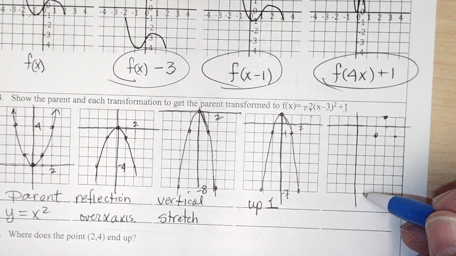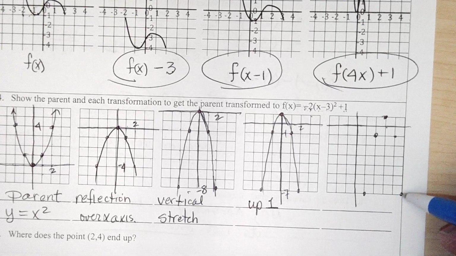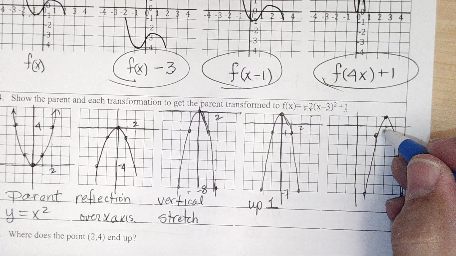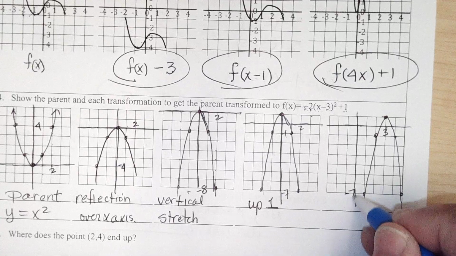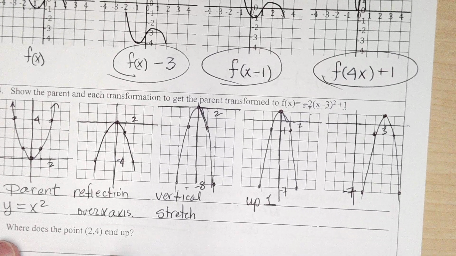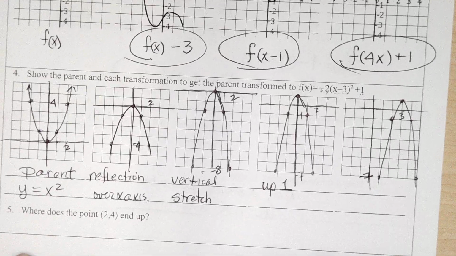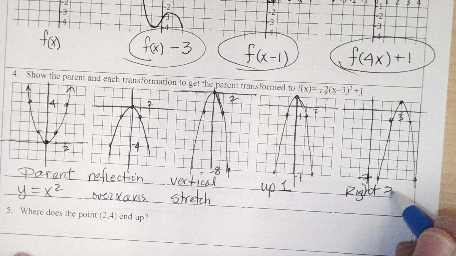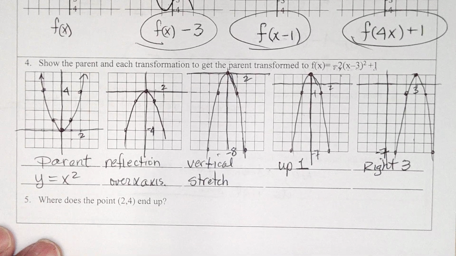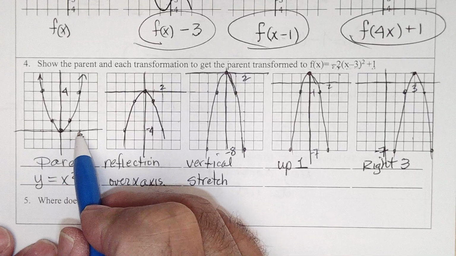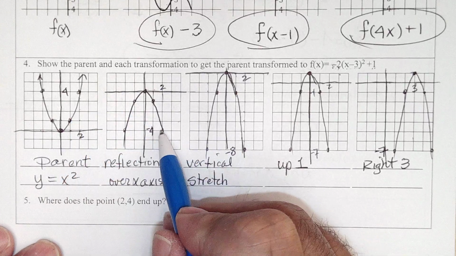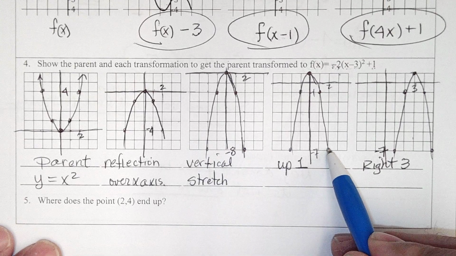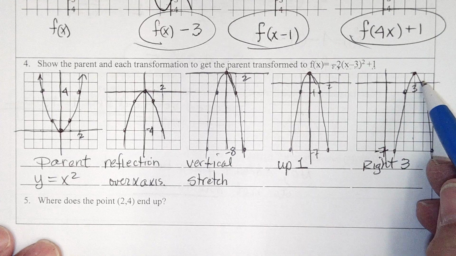And the next ones over are down 7 and 7. So this is over 3 and down 7. And so this is right 3. So where did 2, 4 go? Well, it went to 2, negative 4, then 2, negative 8, then 2, negative 7, and then 5, negative 7.